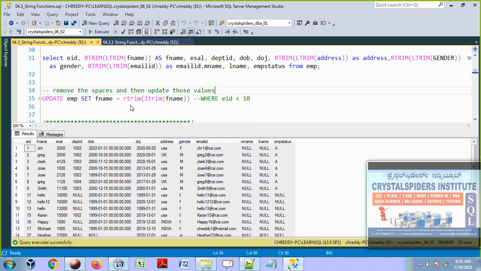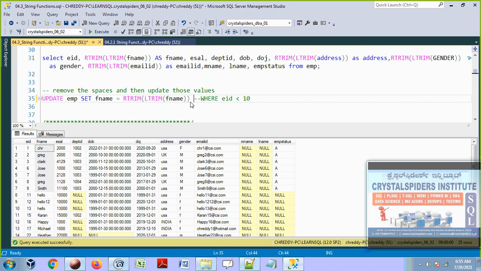So now here, guys, suppose you feel that yes sir, there are some employee names having spaces. So what I am doing now is LTRIM, RTRIM. Small letter, capital letter, it doesn't matter, guys. It is not a matter, but I always prefer to use capital letters for all the system functions or system keywords. Okay, this is fine.